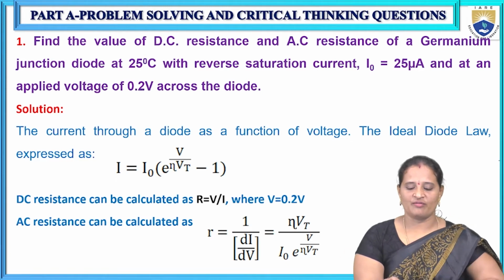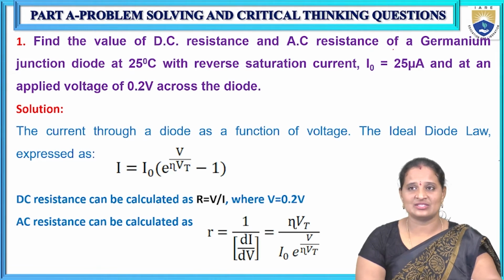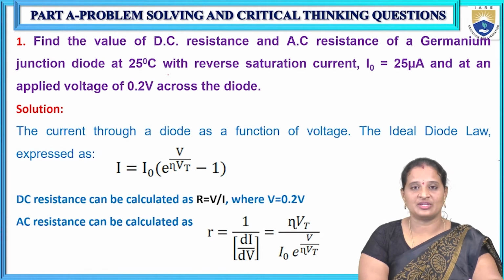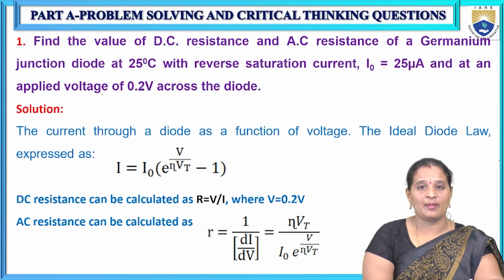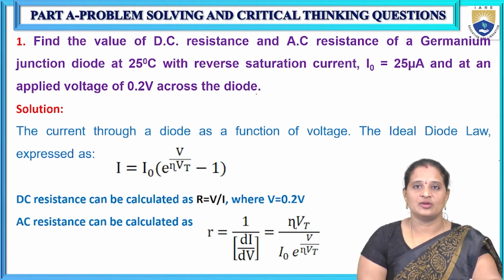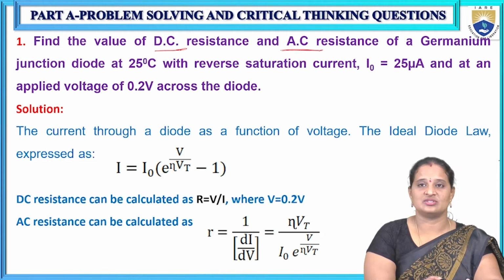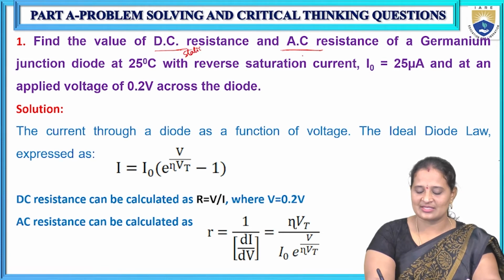So find the value of DC resistance and AC resistance of a germanium junction diode at 25 degrees centigrade with reverse saturation current I0 equal to 25 microamperes and at an applied voltage of 0.2 volts across the diode. So what he asked us to find is the DC resistance and AC resistance. So DC resistance is also called static resistance and AC resistance is also called dynamic resistance.